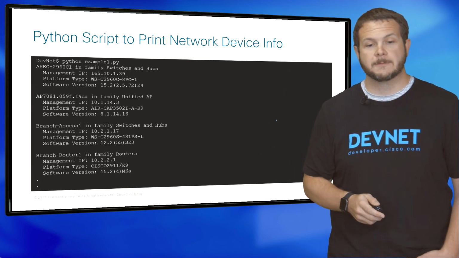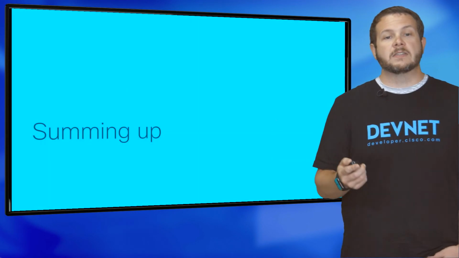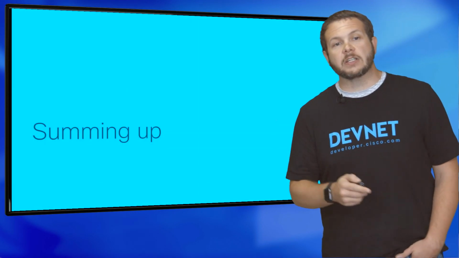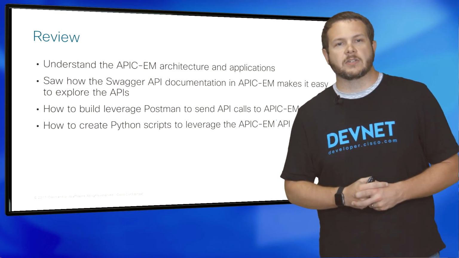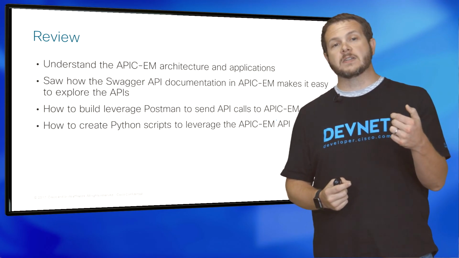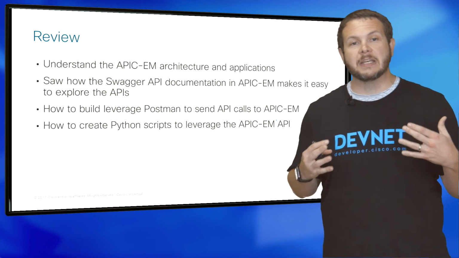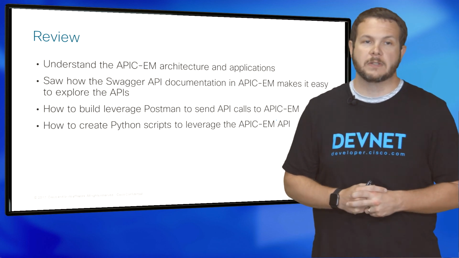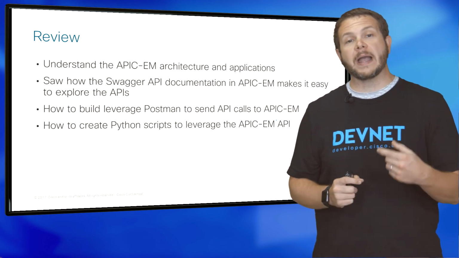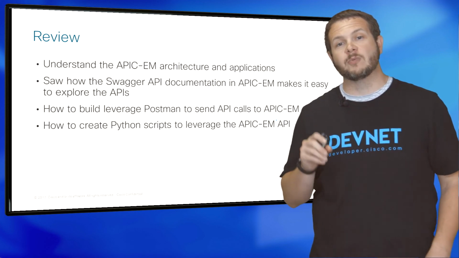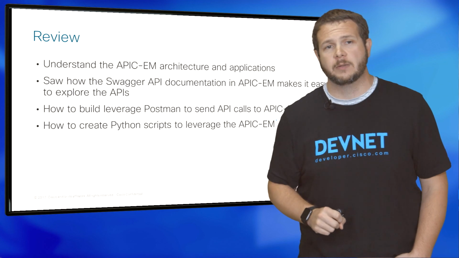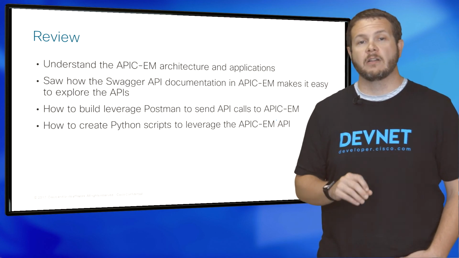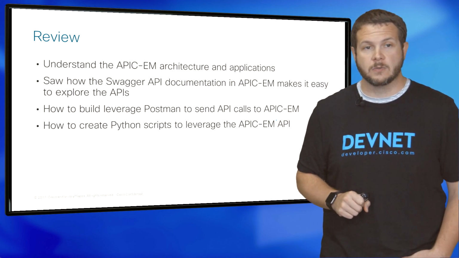Now, in summary, we've taken a good starting look at APIC-EM, and what we did is we understand the APIC-EM architecture and applications, because it's the applications on APIC-EM that we're most likely to be interfacing with using our programmability skills. We saw how the Swagger API documentation baked directly into APIC-EM makes it super easy to explore all the APIs that are available, test them out, and understand everything that's expected to use them.